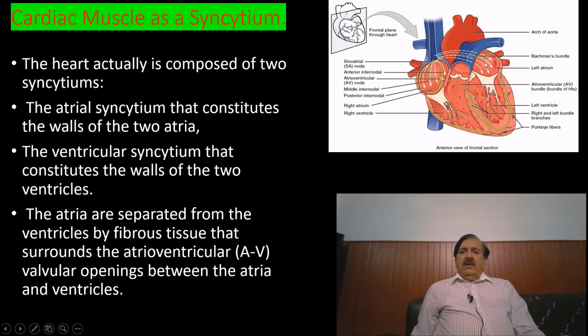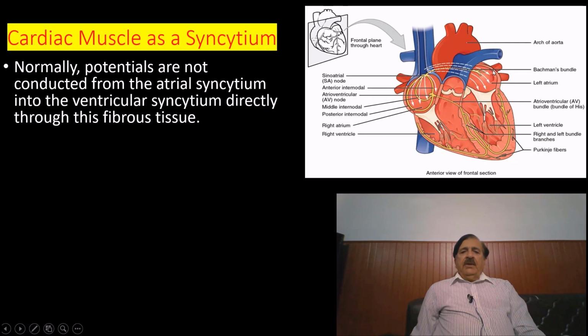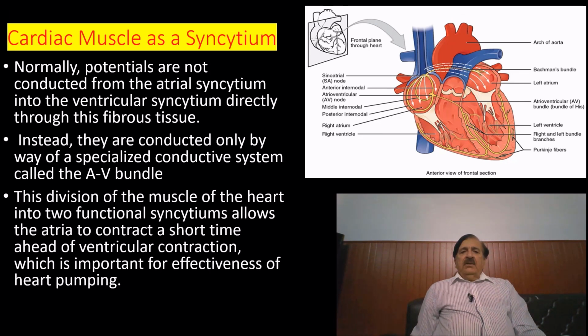This is because the connective tissue insulates the gap junctions, and the conduction from atria to ventricles is only through the AV node. There is a brief delay in the AV node of 0.1 second, and this allows the atria to contract before the ventricles.